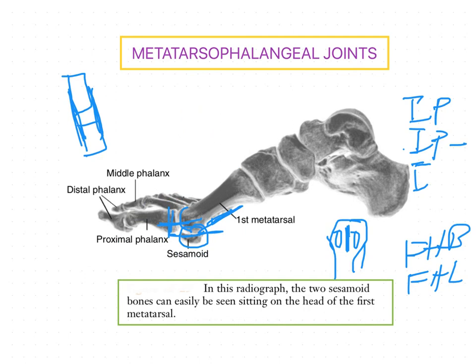And there is an accessory component that runs obliquely from the metatarsal head to the plantar plate. The plate is present on the plantar aspect, so these are the obliquely arranged fibers of the collateral ligaments.